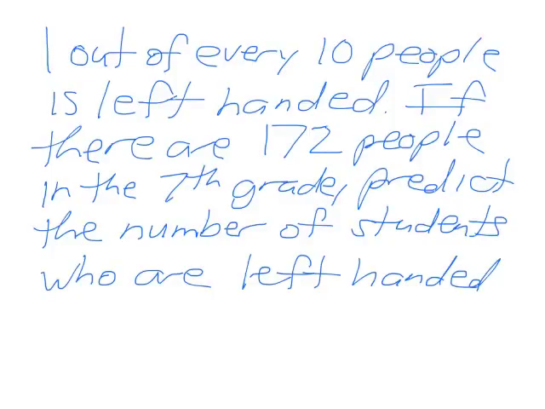So again, 1 out of every 10 people is left-handed. If there are 172 people in the 7th grade, we want to predict how many of those students are left-handed.